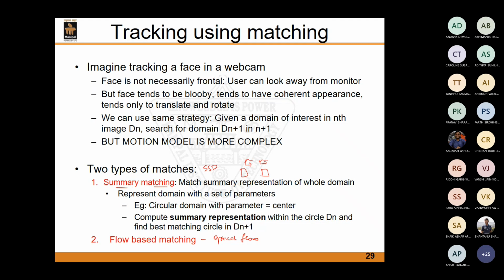For now, let me look at the time. I'll quickly conclude what we have been discussing in the last class as well as today's class. We saw what object tracking is, and in the last class we had just begun with tracking using detection. When going for tracking using detection, we build a strong detector which can detect the presence of the object in each of the subsequent frames.